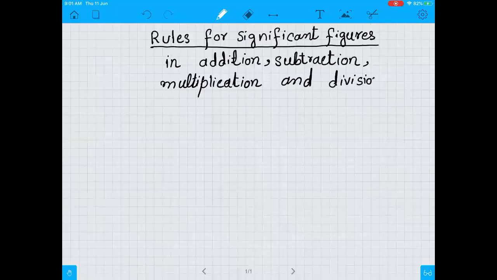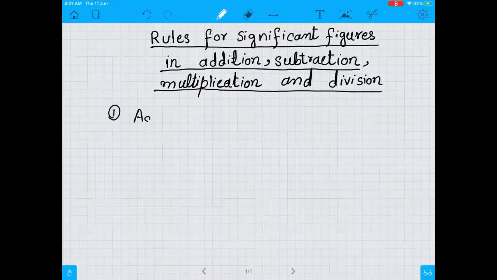Now we have to understand rules for significant figures while adding, subtracting, multiplying and dividing. The first thing is rules for addition and subtraction.